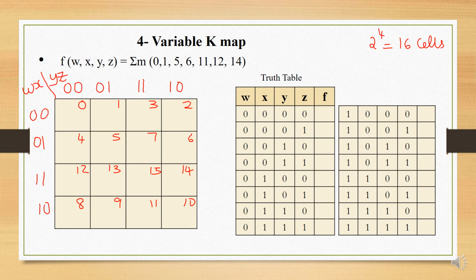Let us place the logic 1 value at the output column F for these decimal numbers. So 0 is 1, 1 is 1, combination 5 is 1, 6 is 1, then 11 is 1, 12 is 1, 14 is 1. For the remaining combinations, you are going to place logic zeros.